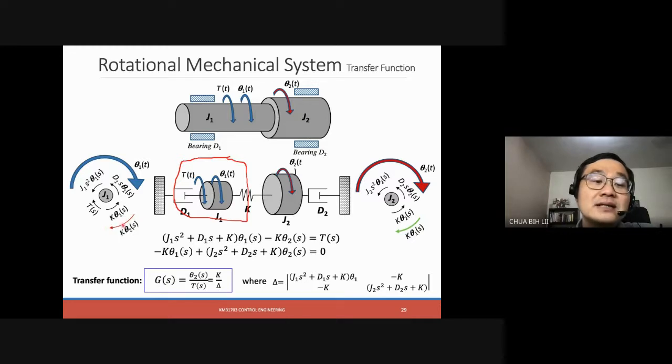So this red color represents the effect of the second side, the J2 side, on the J1, when the J2 is rotating. So we have the motion along the clockwise direction with the impedance given by K theta 2, because it is due to the rotation of the second side, theta 2, right?